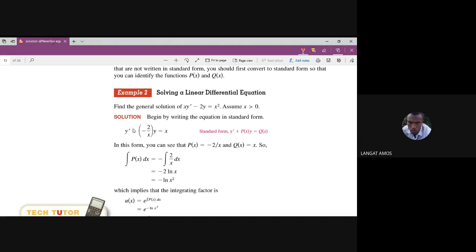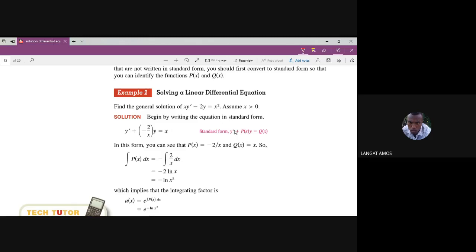When you divide by x, it will be y prime, minus into minus is plus, so plus negative 2 all over x into y, minus x squared all over x, which is x. So the standard form now will be y prime plus p(x) y equals q(x).